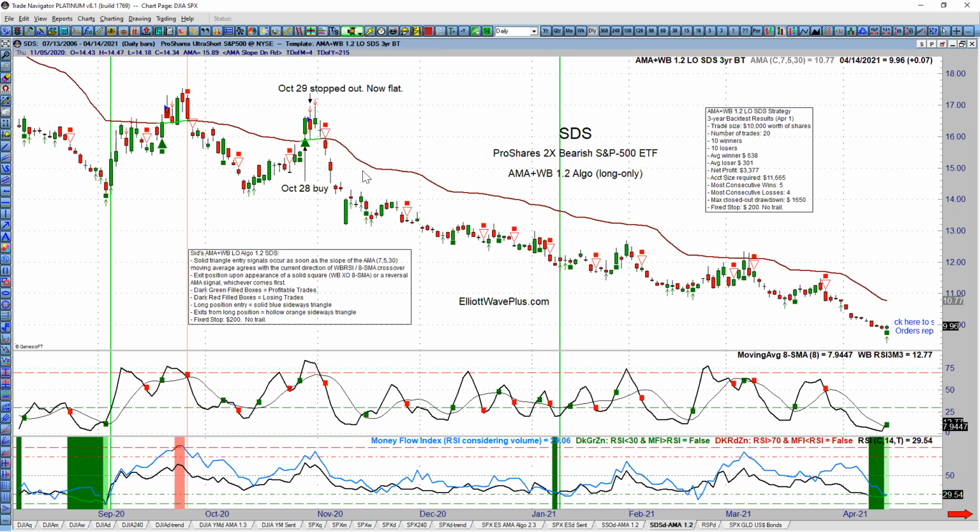And the reason it hasn't attempted to short the market since then is it's got this red line here. As long as that's dark red, the trend is down. It would need to turn green in order for the trend to change. So if you have been trading strictly on Elliott Wave and looking at Elliott Wave counts from any number of Elliott Wavers, some are more bullish, some are more bearish.